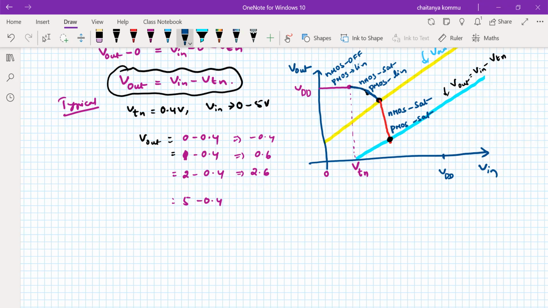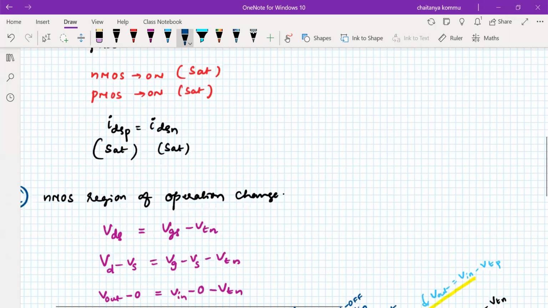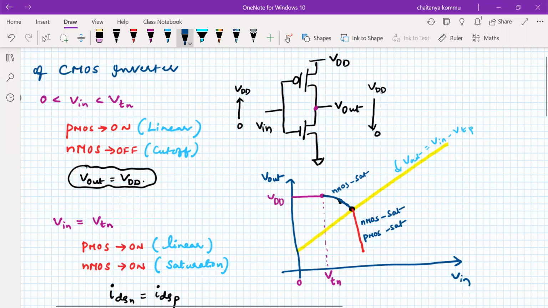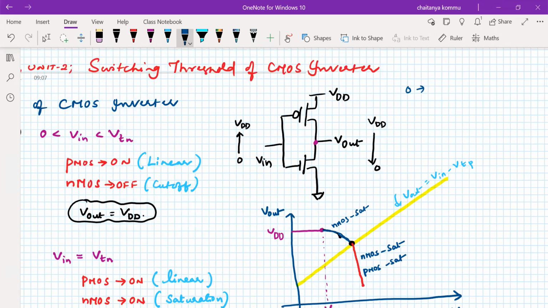Ultimately, what we observe is that as we give 0 volts, we observe logic 0: the PMOS is on, the NMOS is off. At the maximum voltage, that means exactly at logic 1, the PMOS is off, and the NMOS is on.